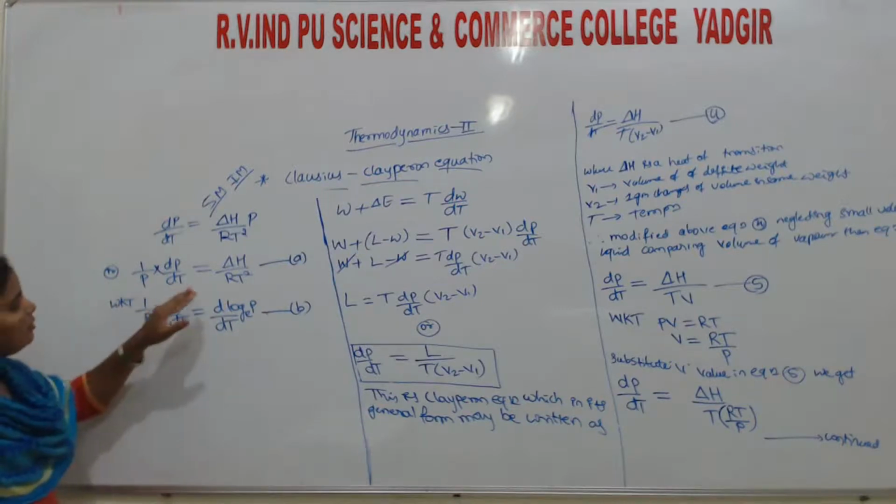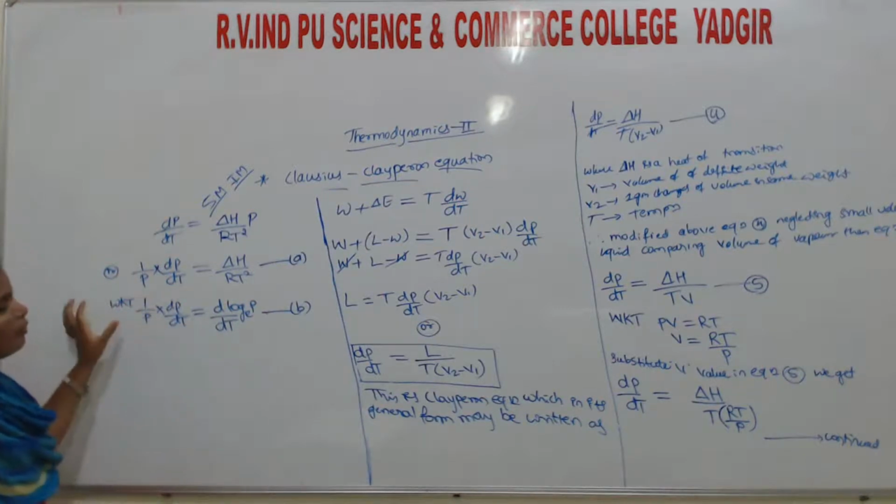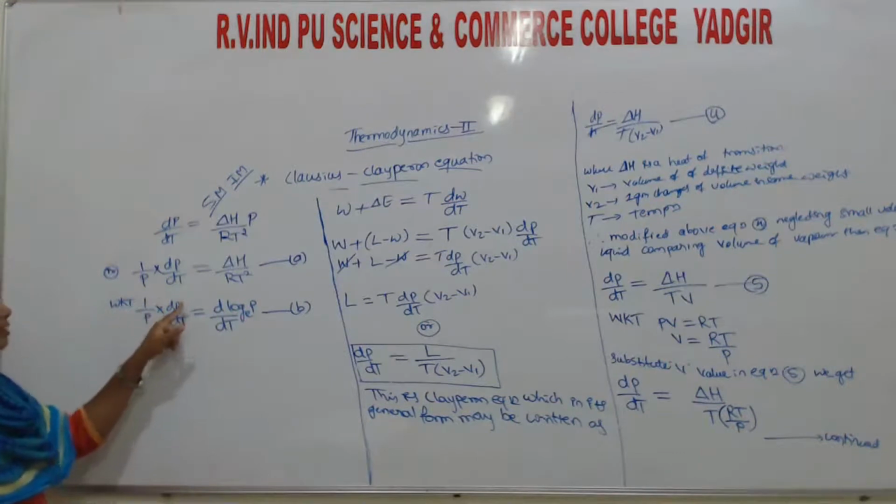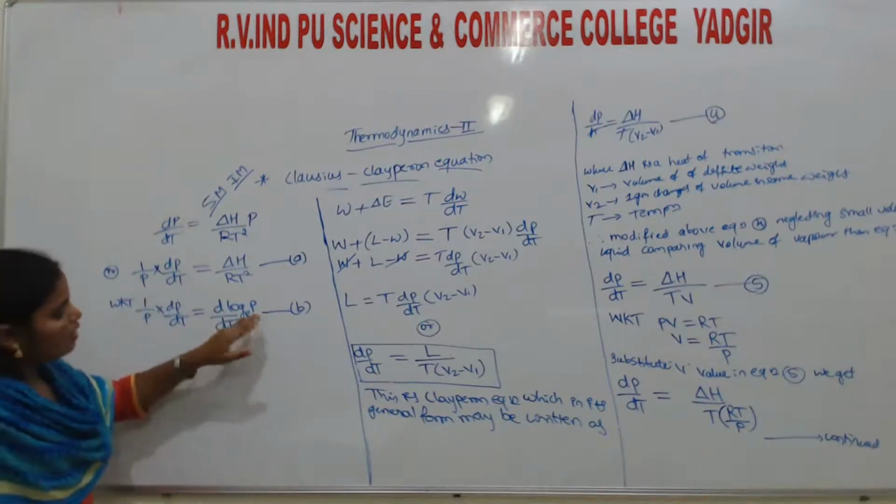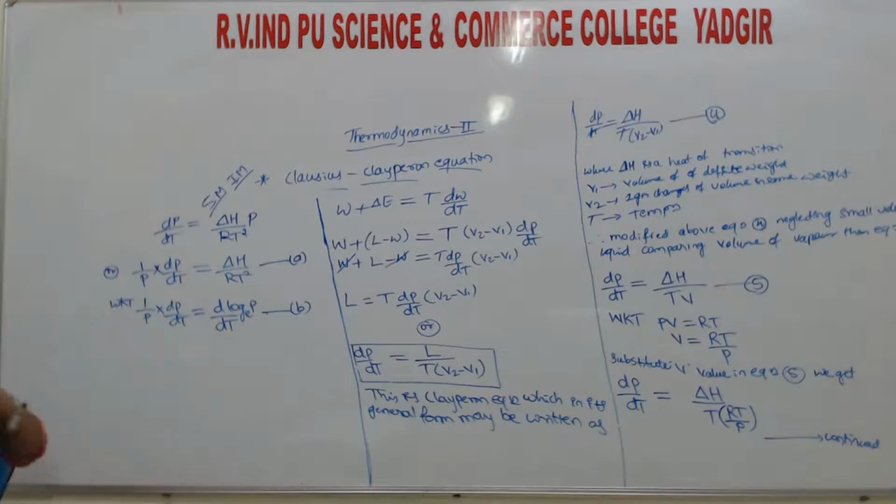And next, we know that 1 by P into dP by dt is equal to d log base e P divided by dt.